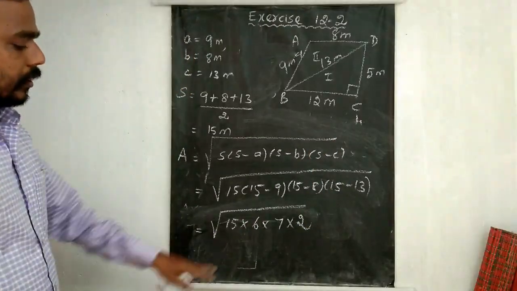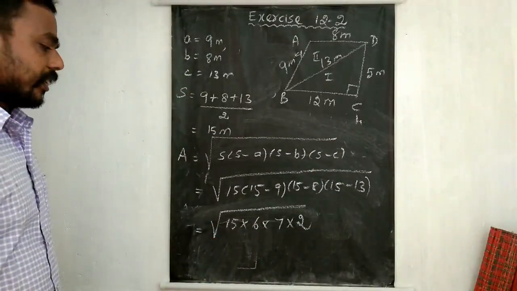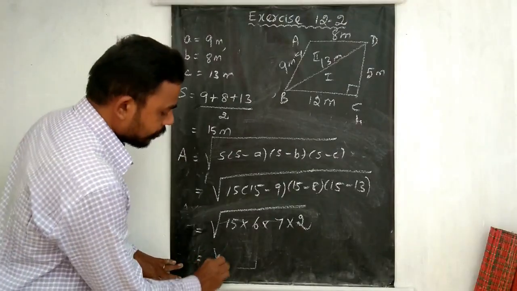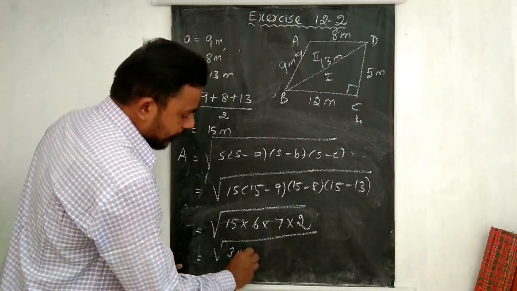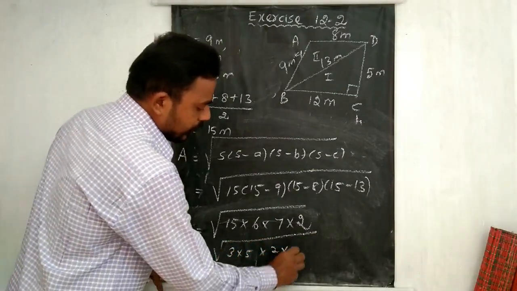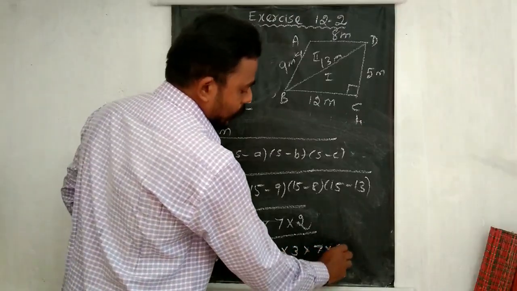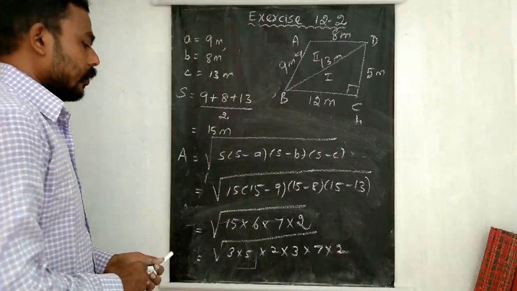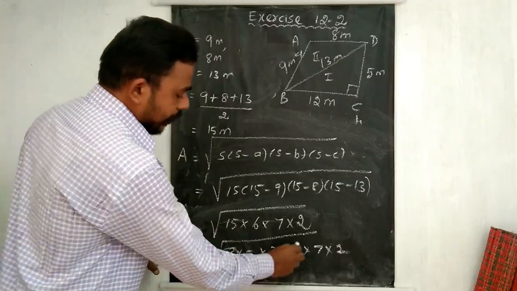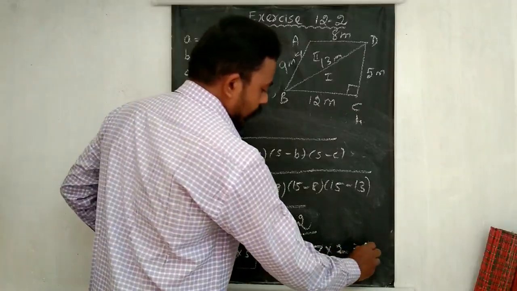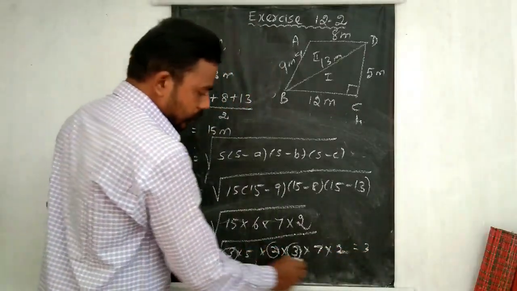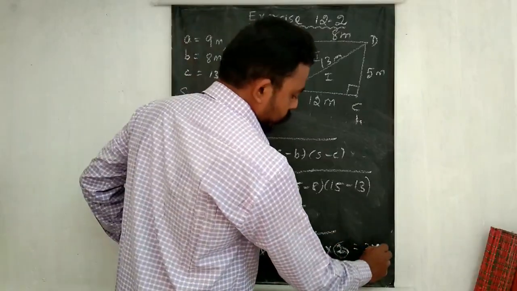Now here I can use prime factorization. 15 is 3 into 5, 6 is 2 into 3, 7 is already a prime number, 2 is already a prime number. So from these 3s I can write one 3 outside, and from these 2s I can write one 2 outside.